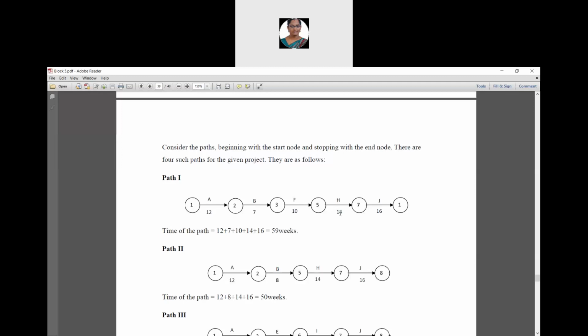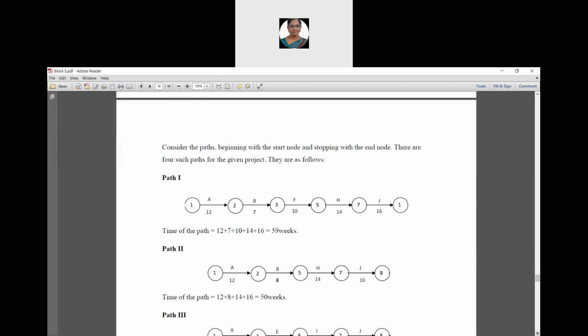Then 7 to 8 is having an activity J and its time duration is 16. Therefore, we have to find the time of path 1. It is addition of all these time duration values, that is 12 plus 7 plus 10 plus 14 plus 16. It is 59 weeks.